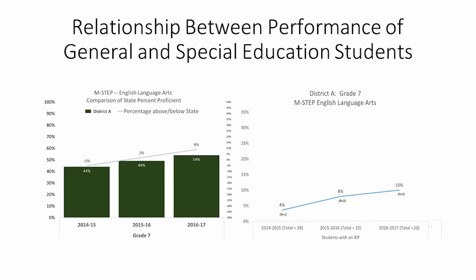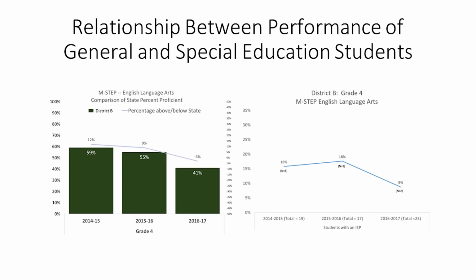This is at the 7th grade. The growth was slower. The higher grades you get, the rate of growth tends to diminish for everybody. But also, kids with disabilities grew. Now look at another district in the same state with some decrease over time, and look at the parallel kids with disabilities.